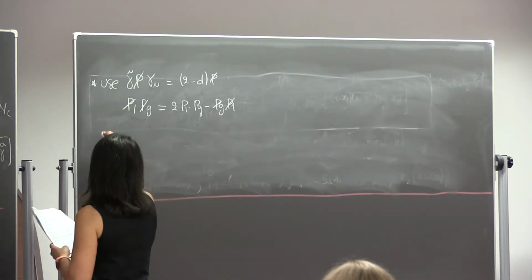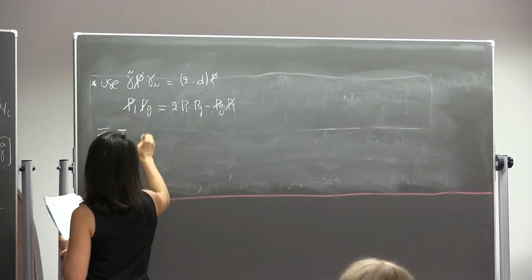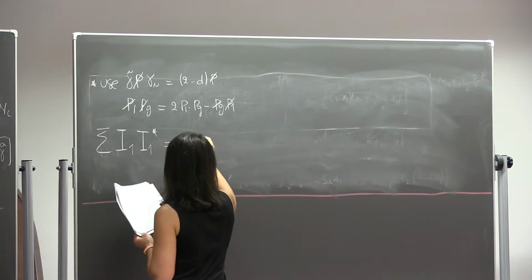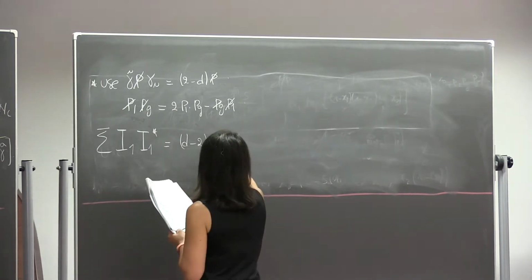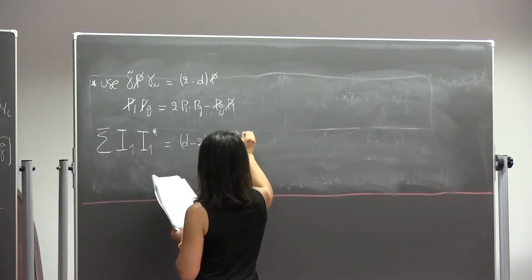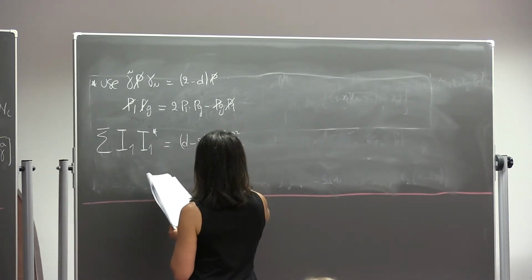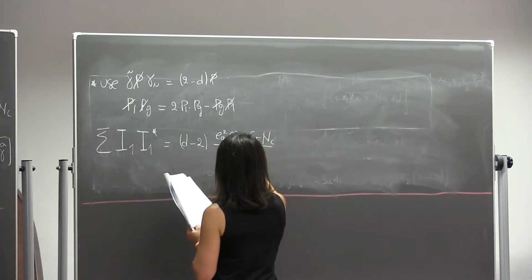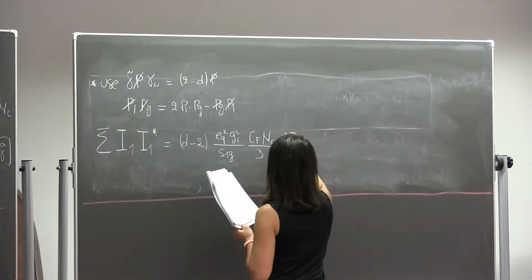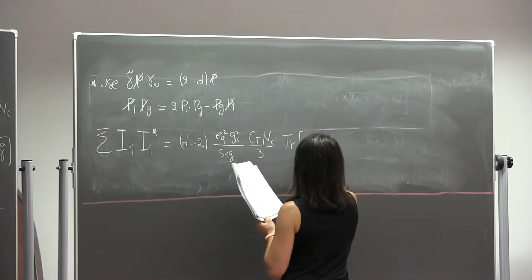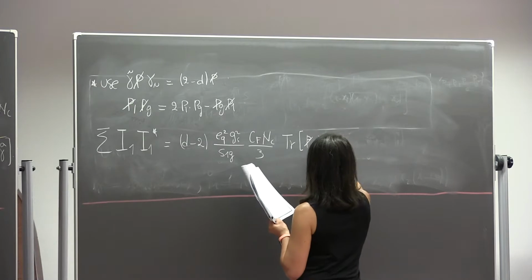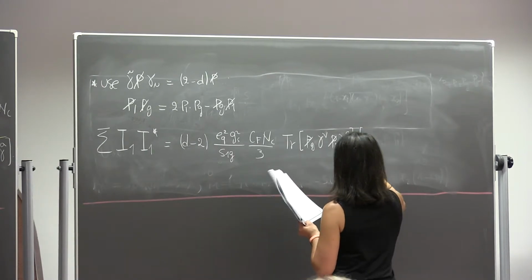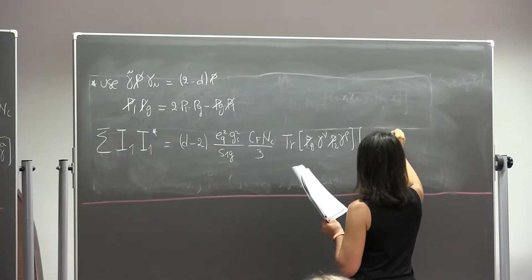So what I get is d minus 2 aq squared gs squared, and we still have the second tensor here, g nu rho.